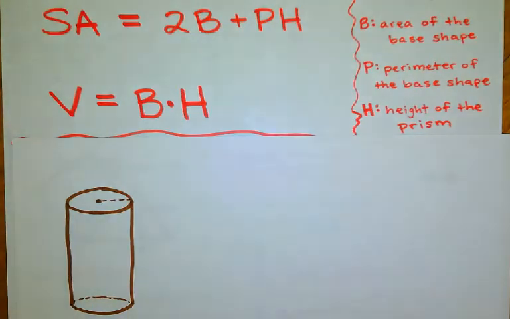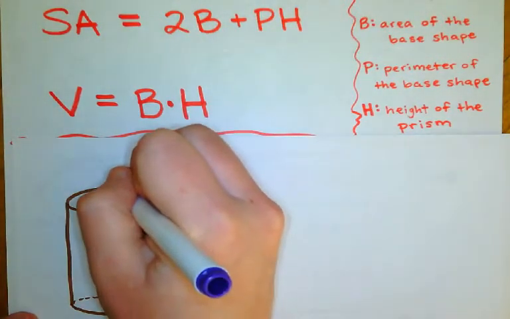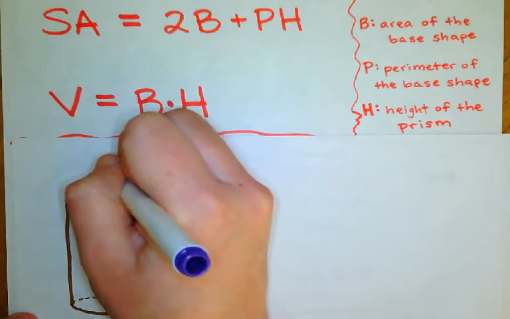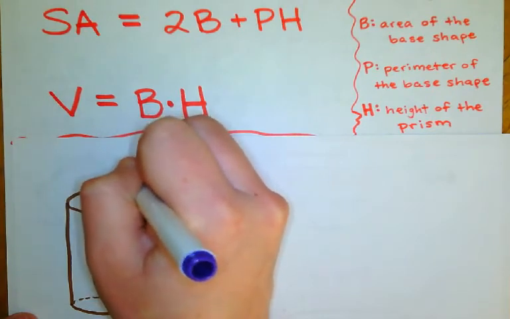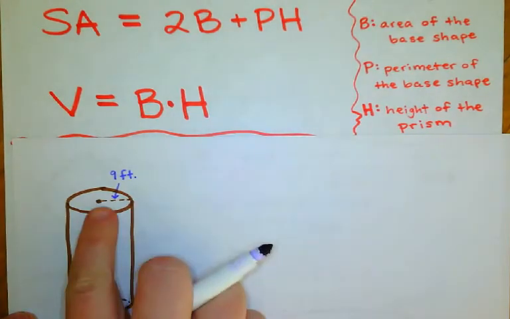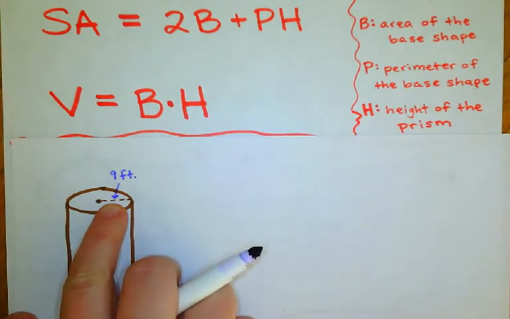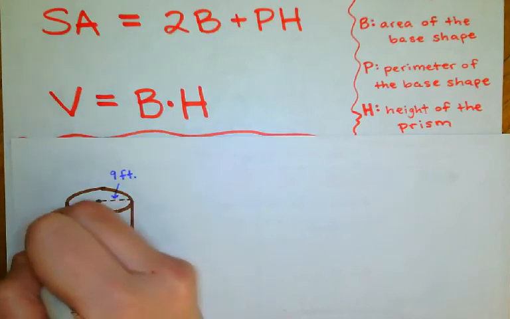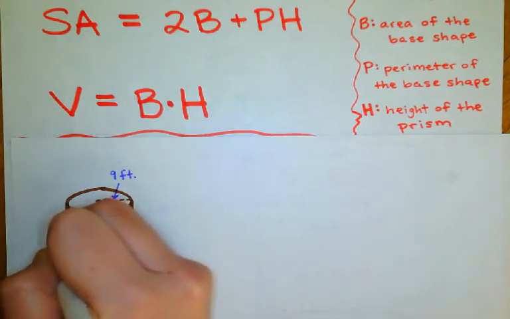The dimensions that we know are 9 feet. And that just goes from the center to the side. So that is a radius. All right? And we're going to say that this part here is 22 feet.